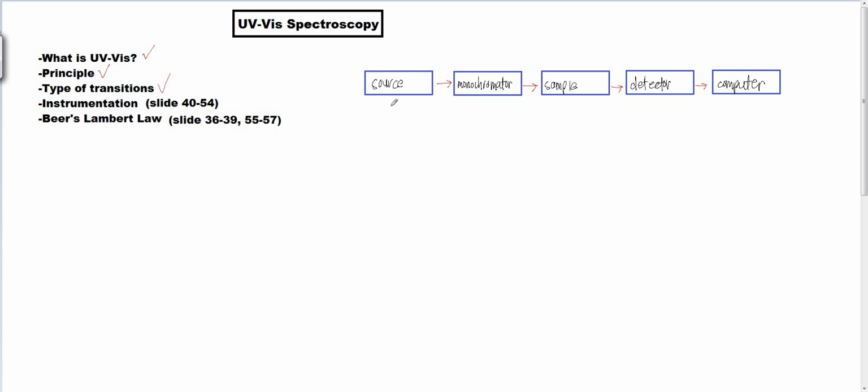Okay, so you know that for example if you have source, saya hanya beritahu a very brief. Lepas ni saya akan discuss quite detail how it works, okay, in the instrumentation itself. Okay, so when we talk about the source, this one is to produce the electromagnetic radiation.